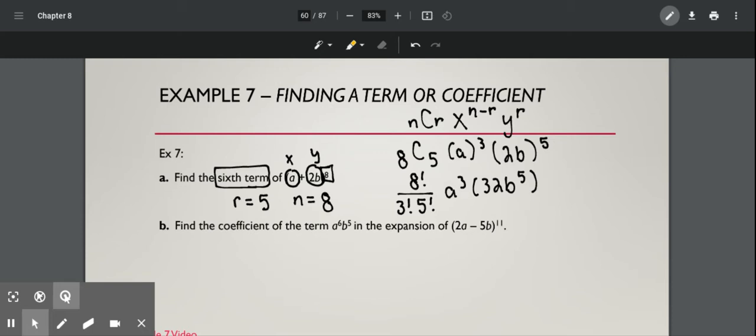And so you end up getting that 8 factorial over 3 factorial times 5 factorial gives you 56. So we have 56. We're going to have to multiply it by 32, and then we'll have a cubed b to the 5th. And so when you simplify that, you get that your sixth term is 1,792 a cubed b to the 5th.